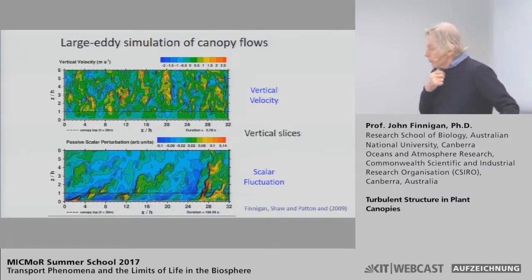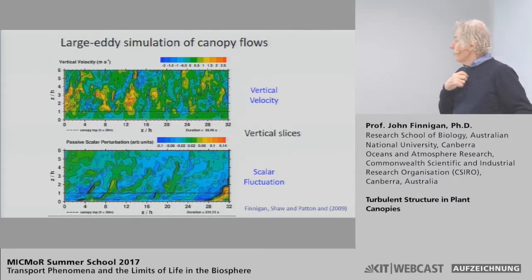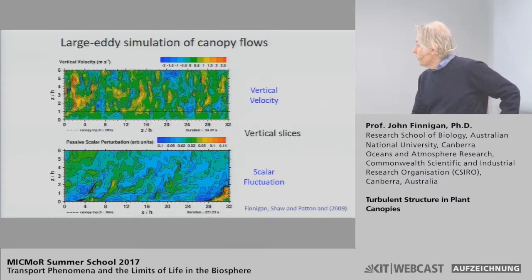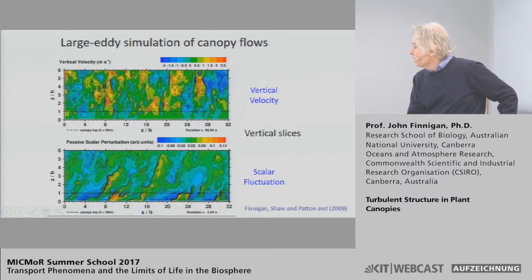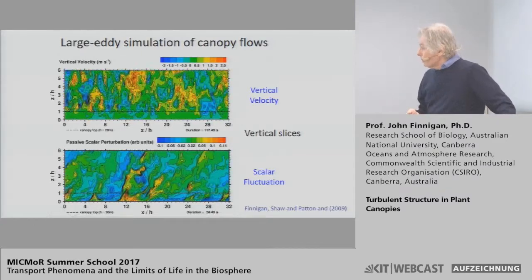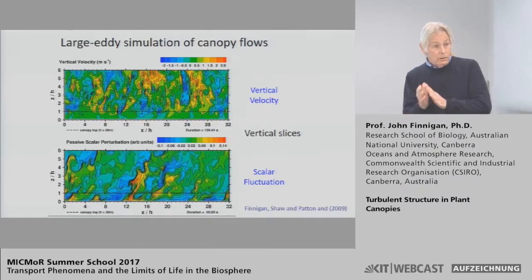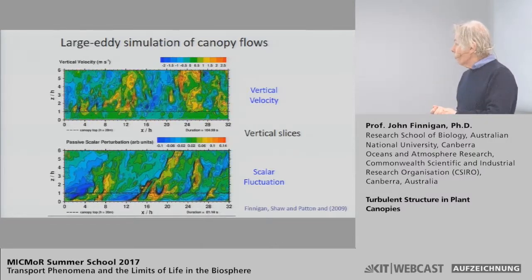It goes up to actually 10 times the canopy height. We're only just showing the lowest 6 canopy heights here. And you can see in the scalar picture, the bottom one, those scalar microfronts, those sharp areas where the scalar contours, the temperature contours, are pressed close together.